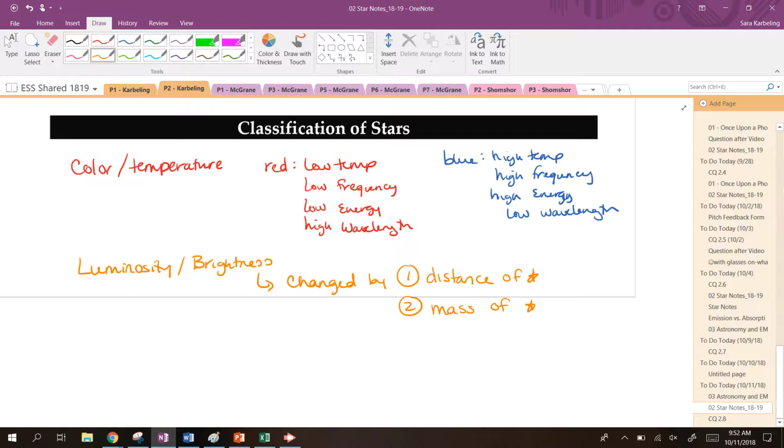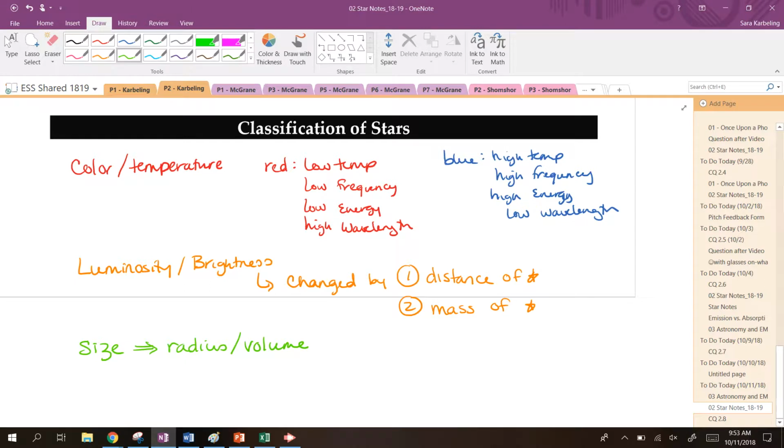Sorry. All right. Classification of stars is also dependent on, or another way to classify them is by size. So literally, what is its radius or what is its volume? How big is it?